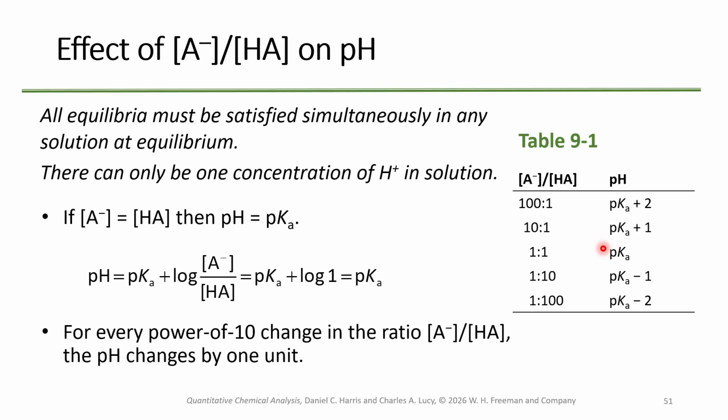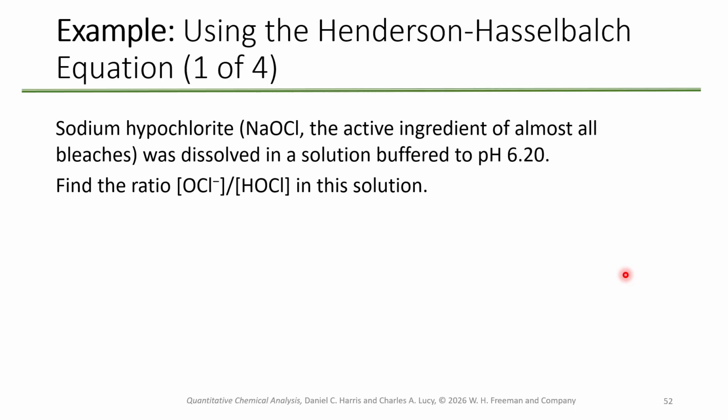Because half the equivalence point is a 1 to 1 ratio, isn't it? And that region around that half equivalence point is your buffer region. It's where you're going to have your maximum buffer capacity, your most buffer-like region.